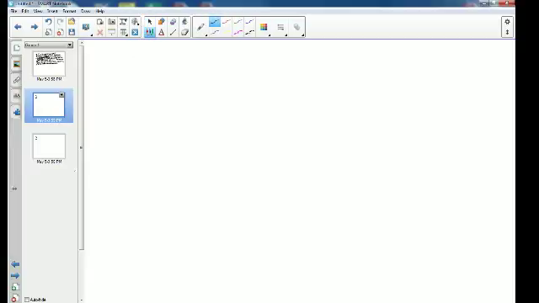Our equation will be log base 125. This is a base, people. And 25 is the exponent, equals 2/3.